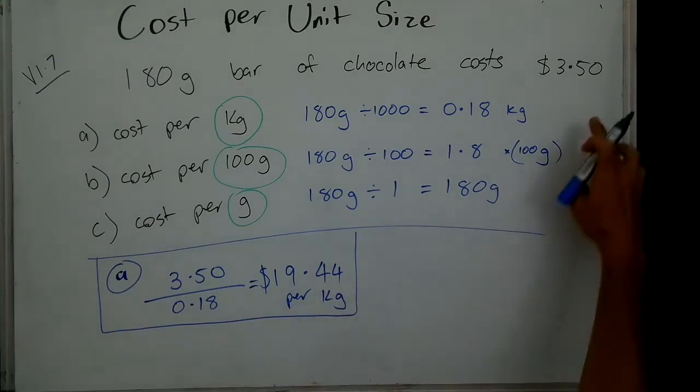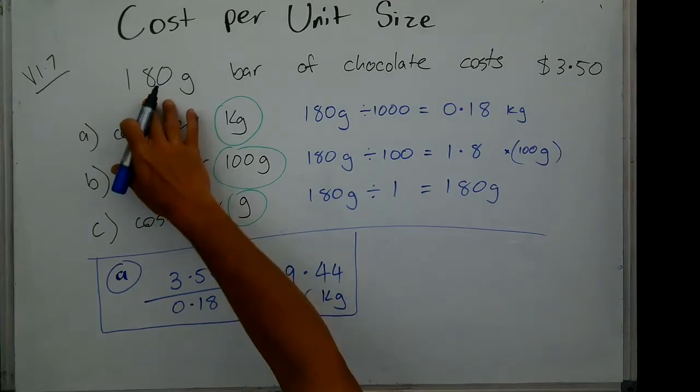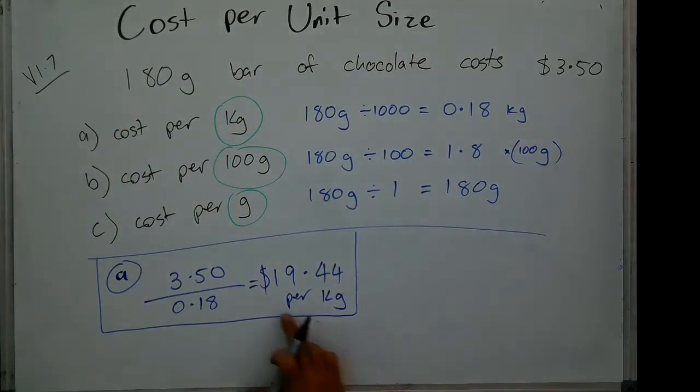So if the chocolate is $3.50 for this much, at that same rate, a kilogram would cost you $19.44.